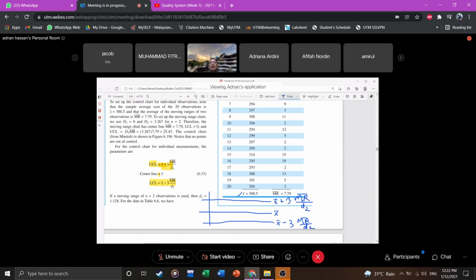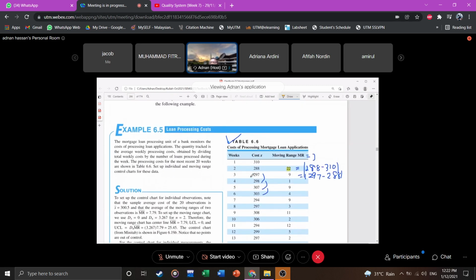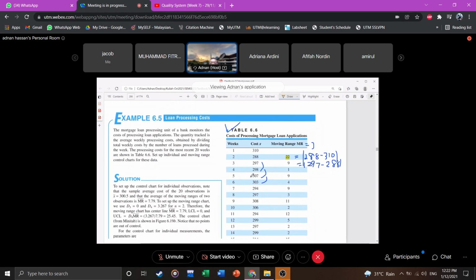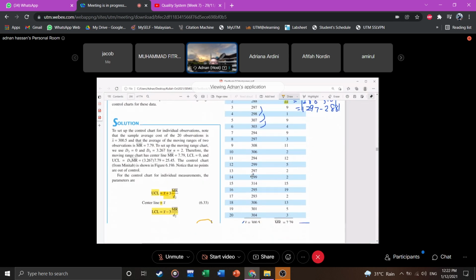And then we plot. So what we plot inside the chart? Okay, so what we plot, we are plotting some points here inside. What we plot is this value, what we call the MR values. Okay, the MR values will be plotted.